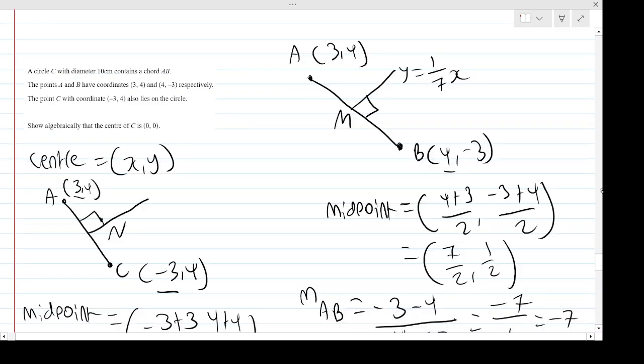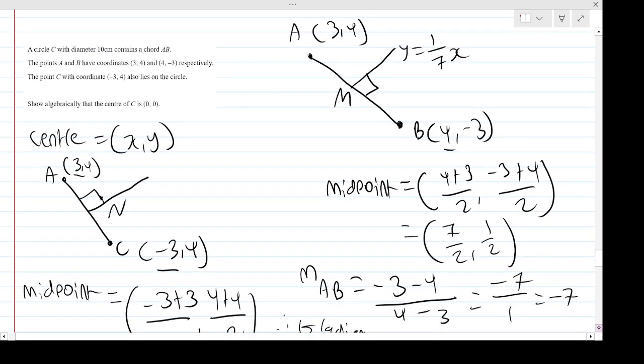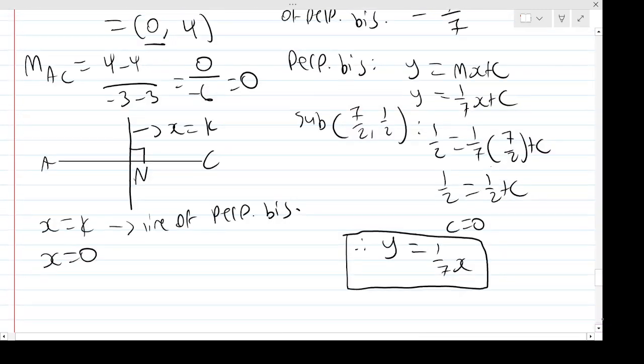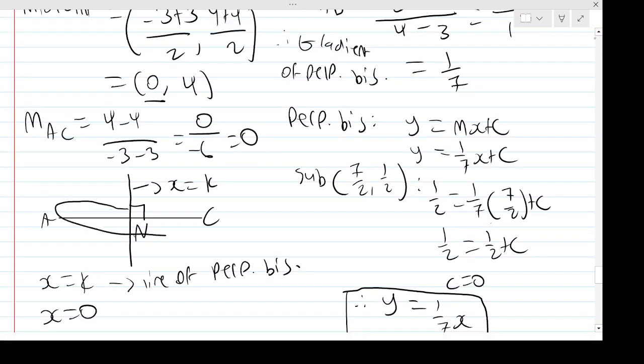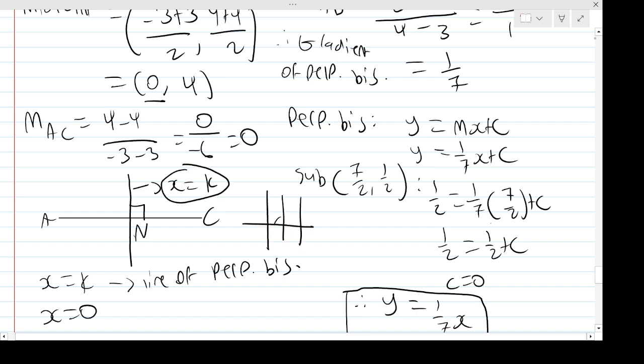Okay, so what do we have here then? It's quite a weird example that is, isn't it? But yeah, hopefully that made sense. The gradient being 0 means AC is a completely horizontal line. So the perpendicular bisector would be a completely vertical line. And any vertical line, think about it, if we draw an XY axis, it's just x equals some number, where it crosses the x-axis, and that number is k.